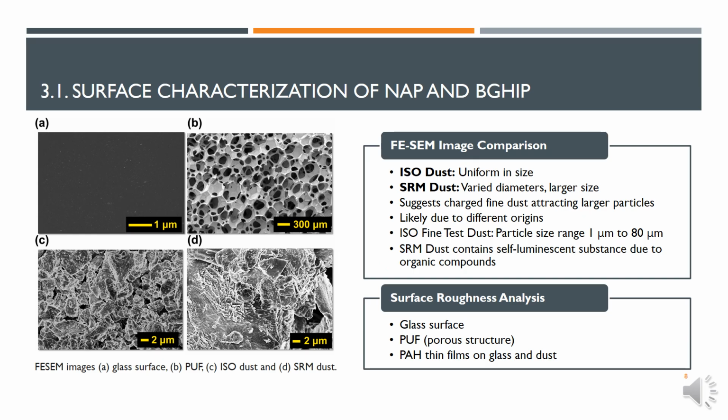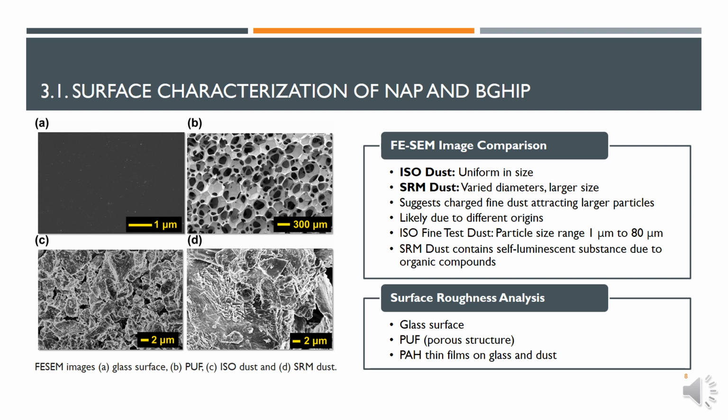SEM analysis of two dust samples revealed distinct differences in shape and size distribution. As showcased in the figure, iso dust exhibited a uniform size profile while SRM dust displayed a wider change in particle diameter, notably larger than iso dust.